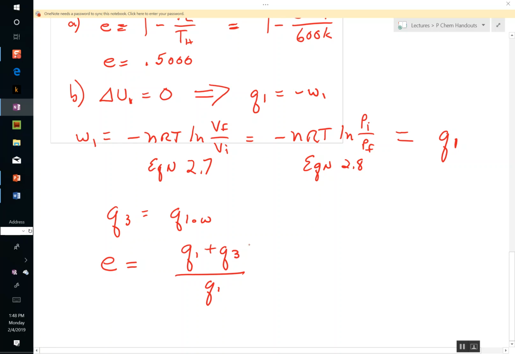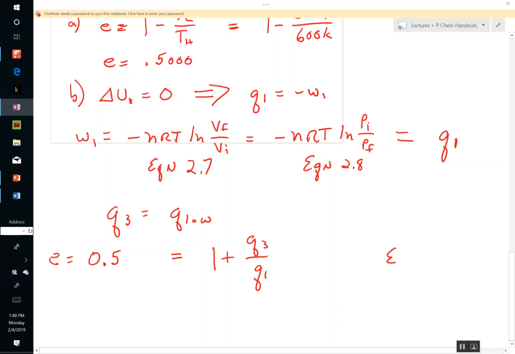So the efficiency in question A equals 0.5. We can say 0.5 equals 1 plus Q3 over Q1, and we know what Q1 is from when we solved for Q high. Okay, and you can get Q3 from that.